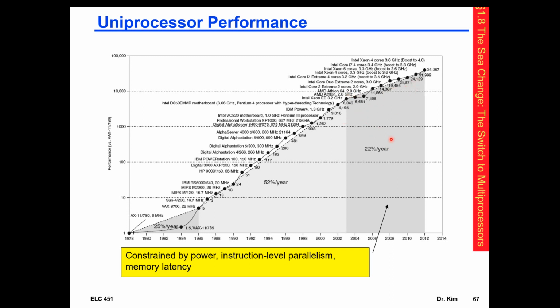So you can take a closer look at that when you get the slides. And a lot of the continuous improvement here is because of the multi-core, because the speed has been relatively flat at around 3 to 4 gigahertz.